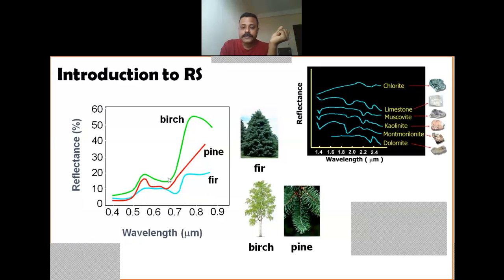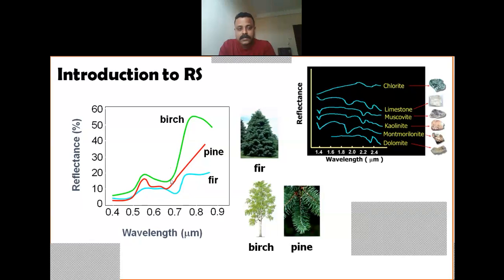But unfortunately, our eyes have the limitation that we do not see what is happening after the 700 nanometer range because our sensors are not designed to capture this information, unlike an infrared camera. So we can see only from 400 up to 700.